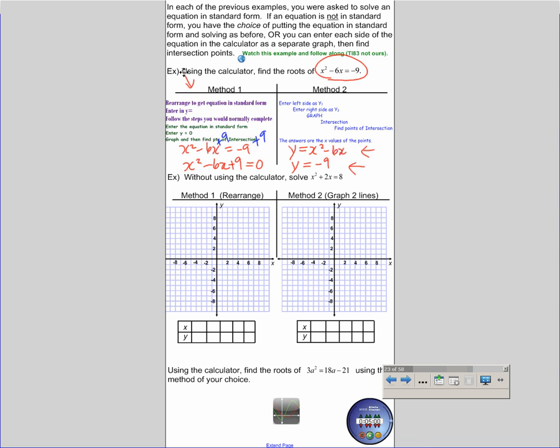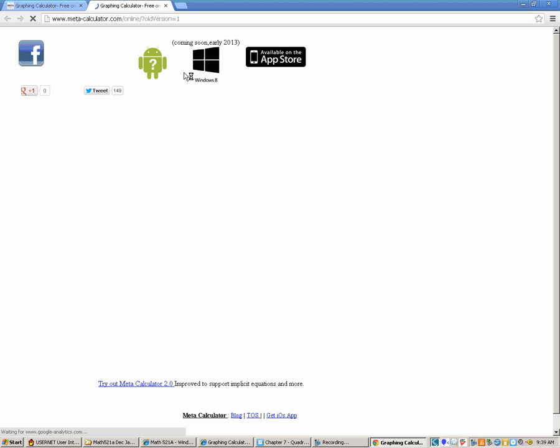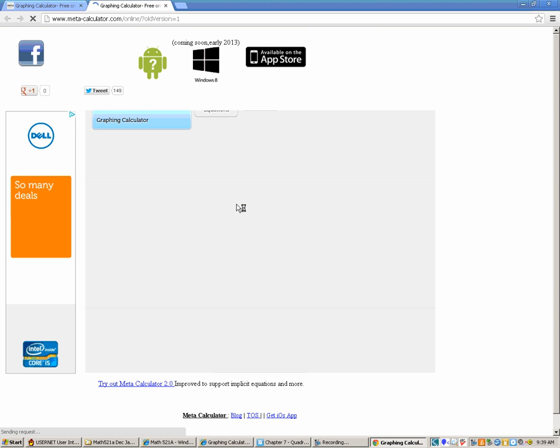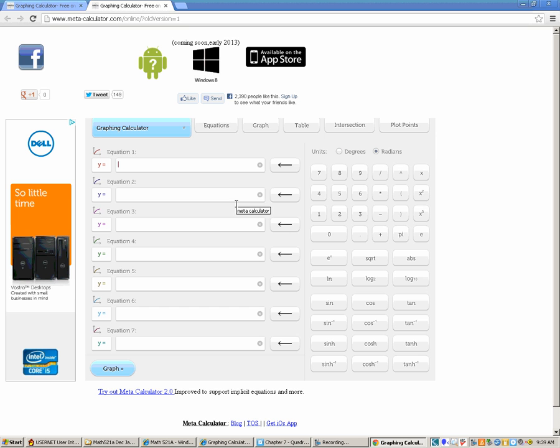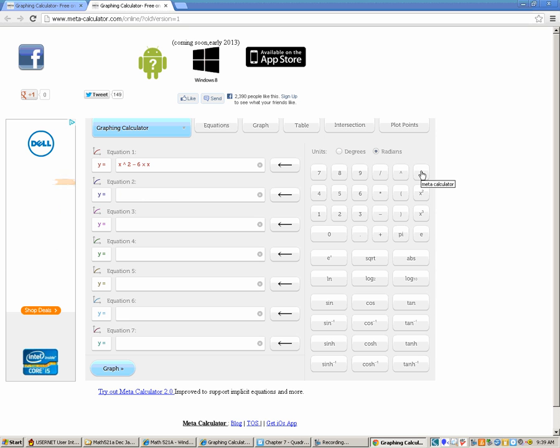But let's see. x squared minus 6x, and y equals negative 9. So we have x squared minus 6x, and this one is y equals negative 9.